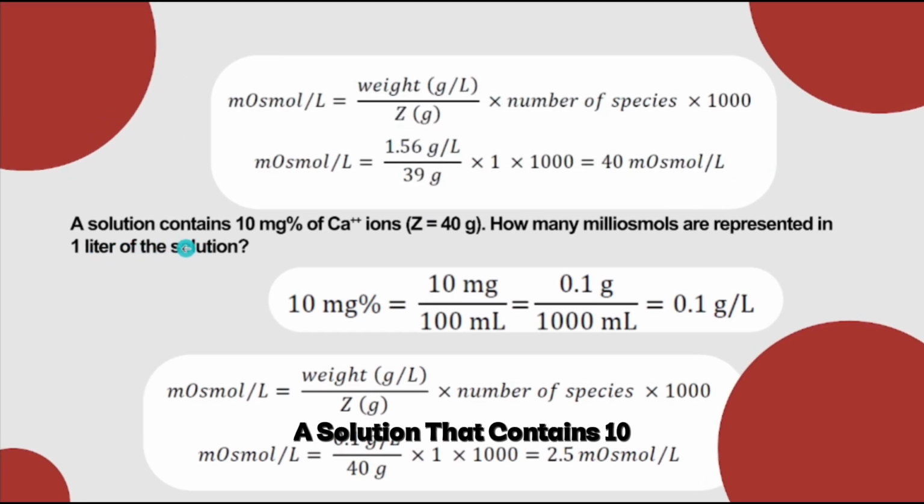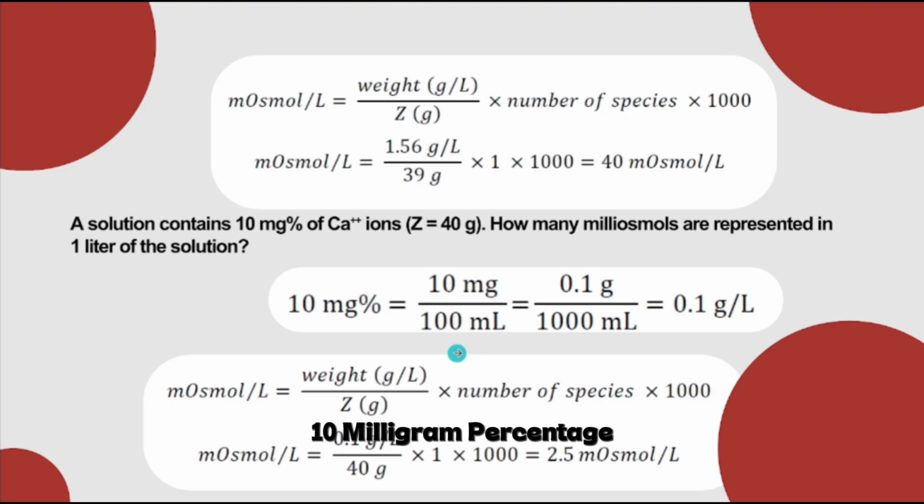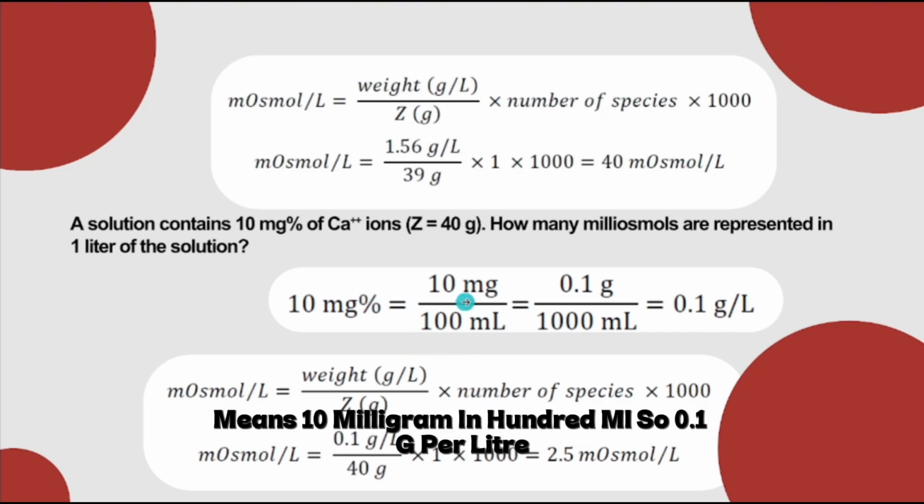A solution that contains 10 milligram percentage of calcium ion, the atomic weight being 40 gram for calcium. How many milliosmol are represented in 1 liter of the solution? 10 milligram percentage means 10 milligram in 100 ml, so 0.1 gram per liter.